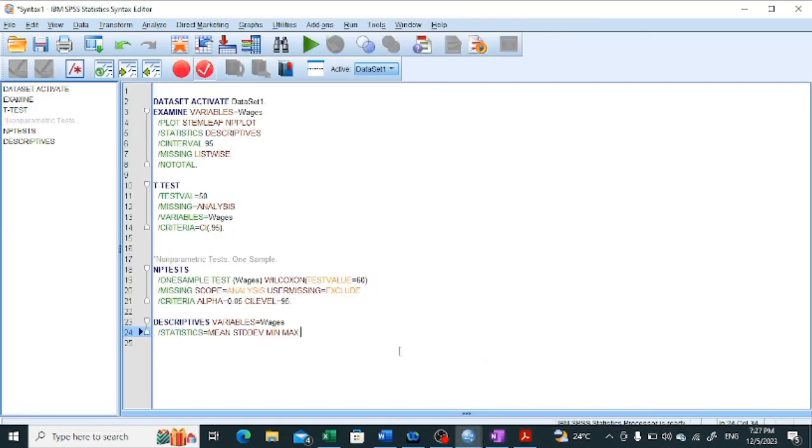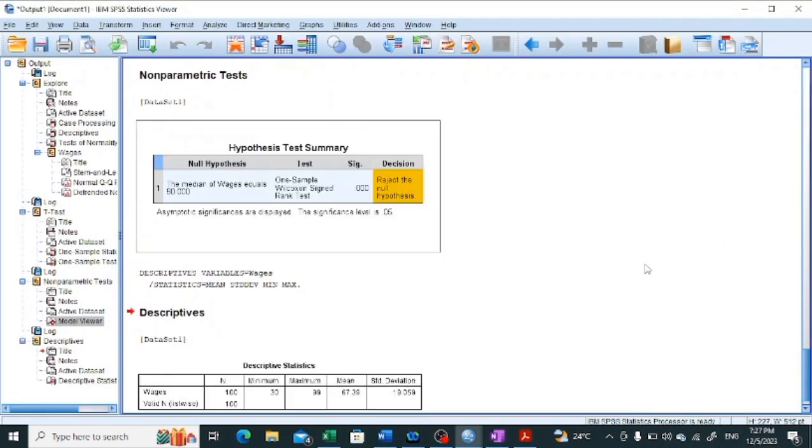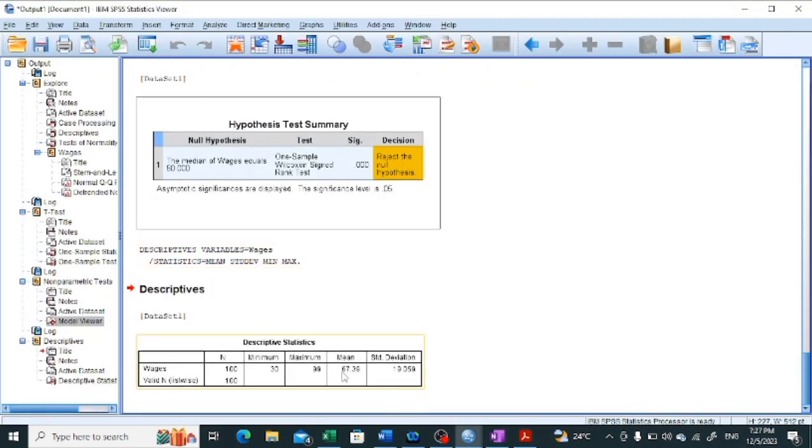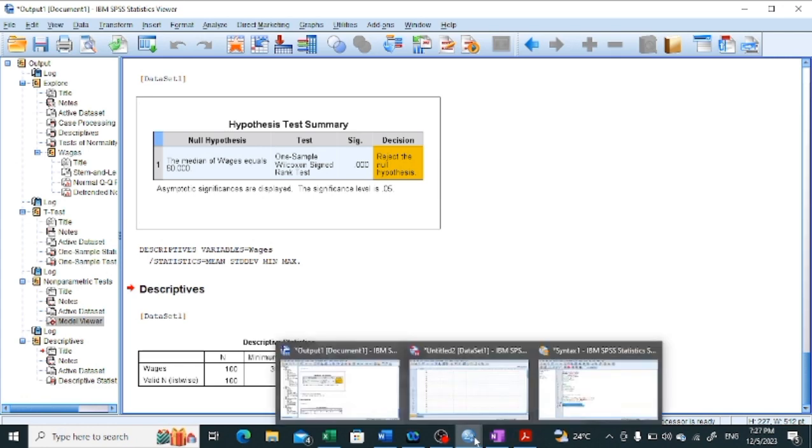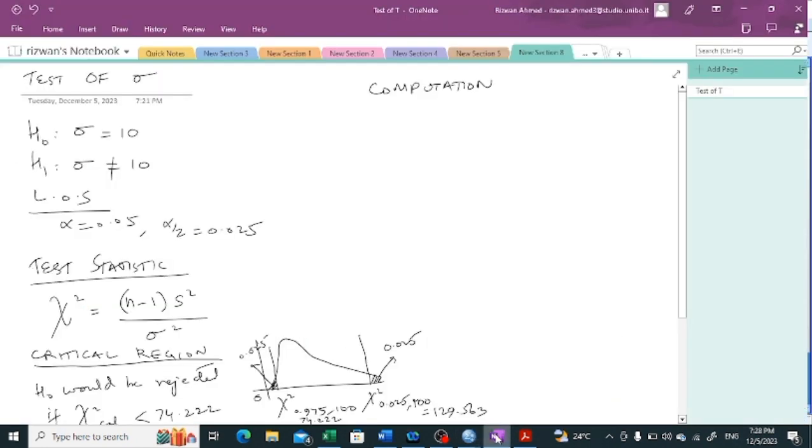Descriptive statistics for the wages gives the sample standard deviation value of 19.059. So the standard deviation of the sample is 19.059.